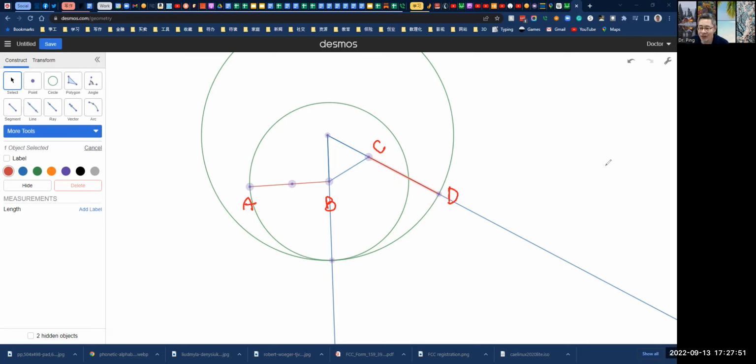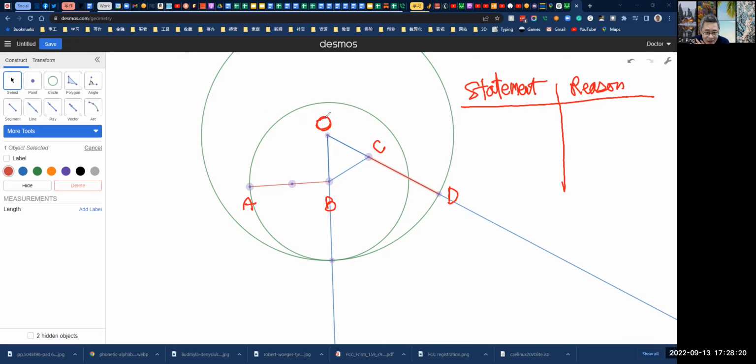So here's what we're going to prove. First of all, when we prove things in Euclidean geometry, we give a statement and we give a reason. So anything we do, we have a reason for it. And so we know that the triangle, let's put this as O, because that was the center of the big circle.